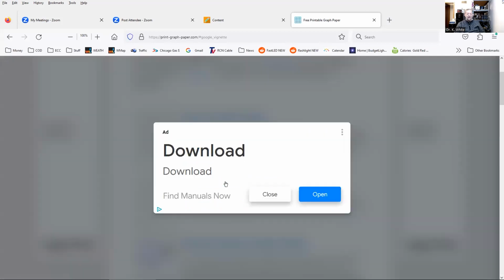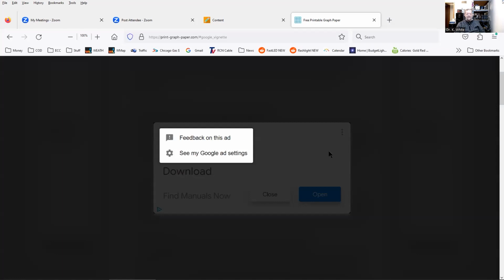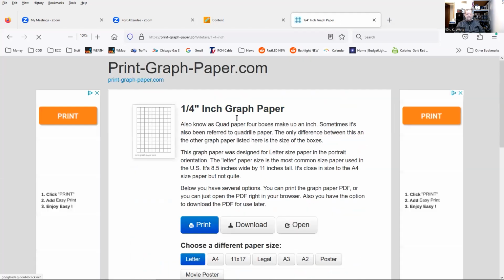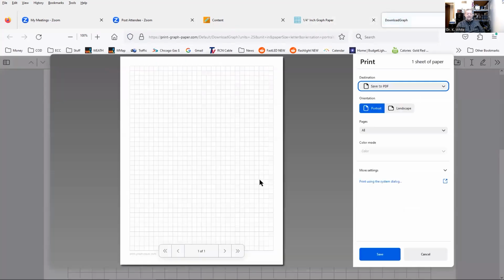Let's try the 1/4 inch. You see here where it says print, and it opens up to my printer, or you can save it as a PDF file, which I'll do right now.